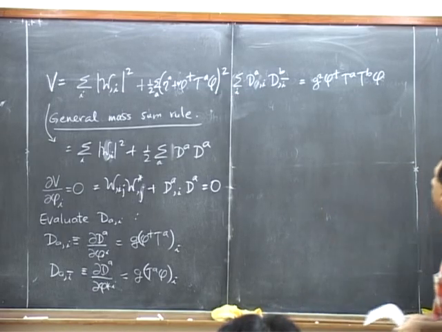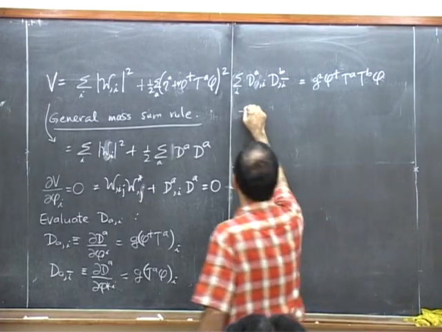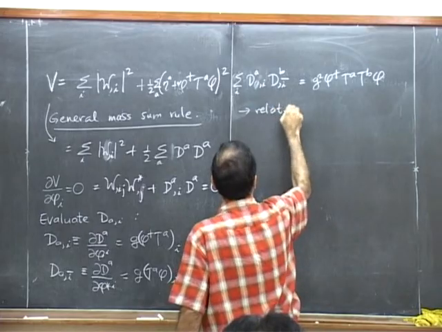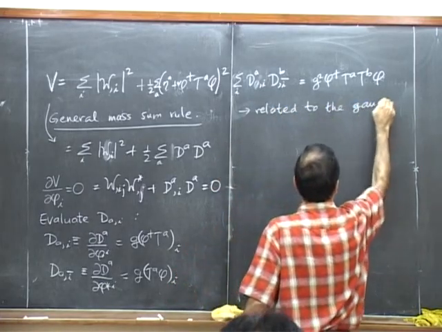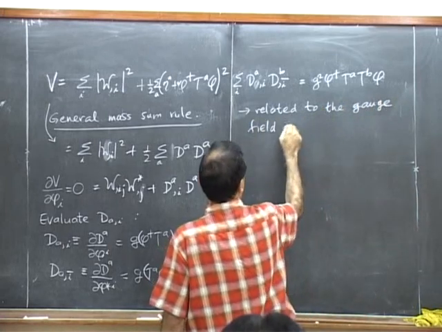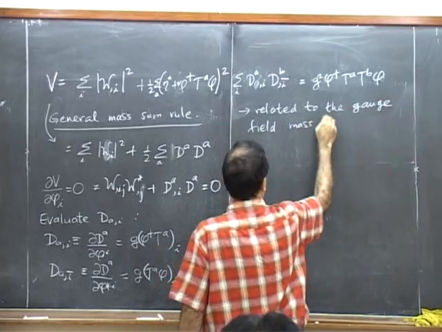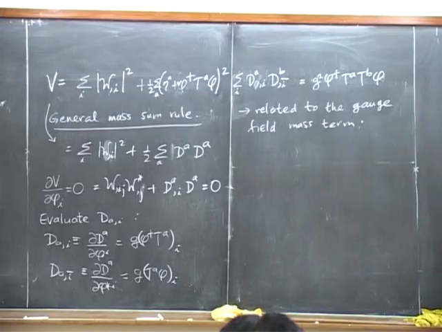Now my point is that this is closely related to the mass term for gauge fields, and this arises as follows. I mean the mass term for gauge fields after the Higgs mechanism, after these fields get a vev.